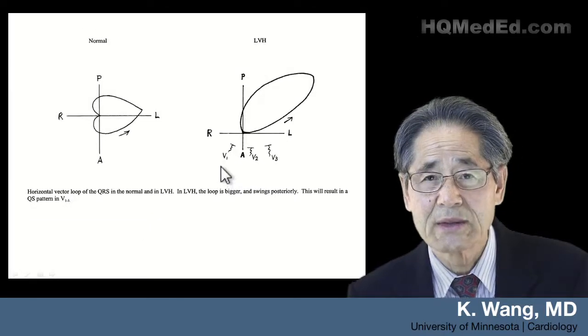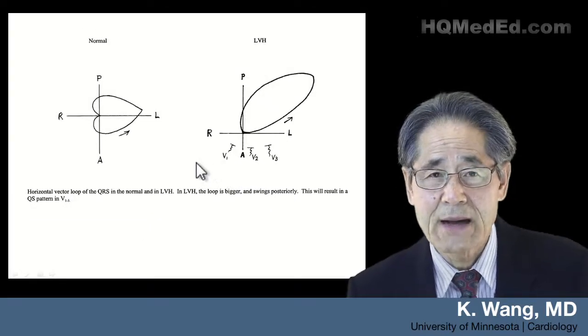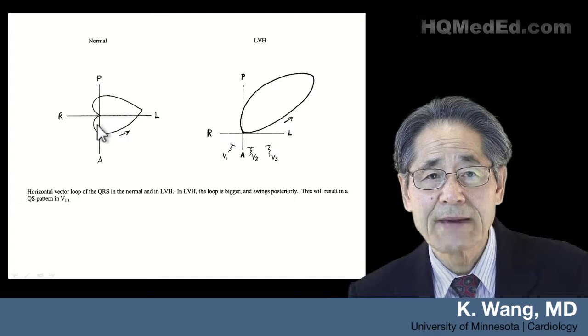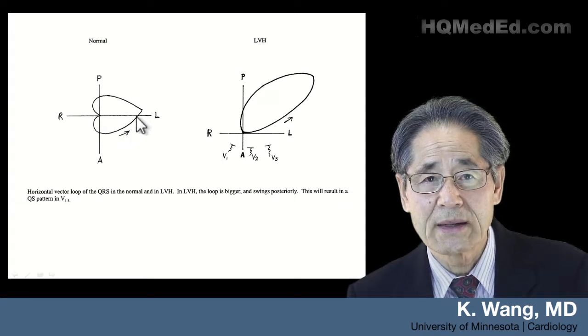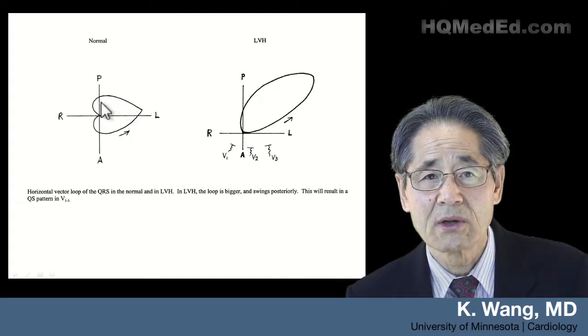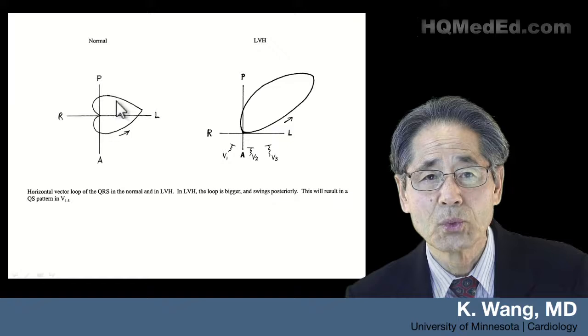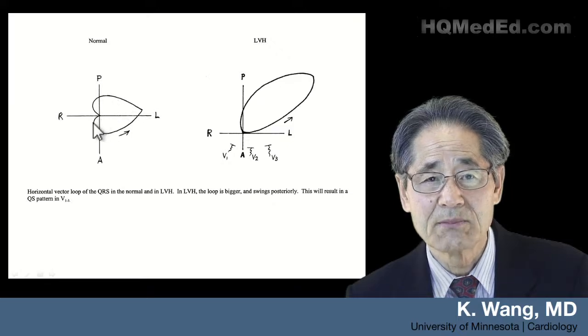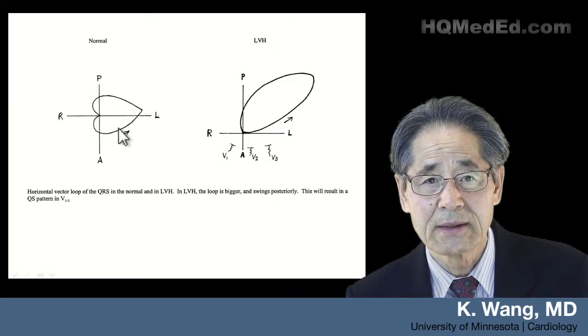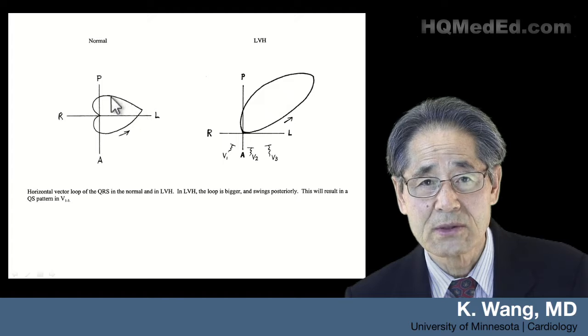It's explained with this vector cardiogram. This is a vector loop of the QRS projected on the horizontal plane. Patients anterior, posterior, right, and left. Normally, it's like that. Impulse begins here and progresses this way.